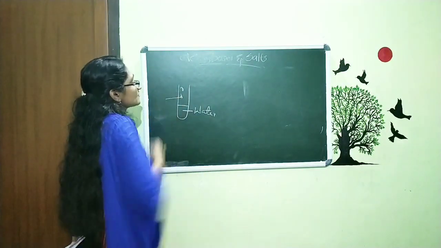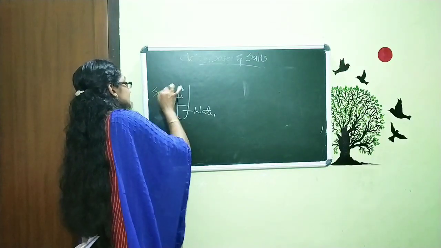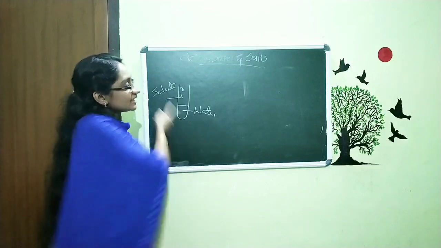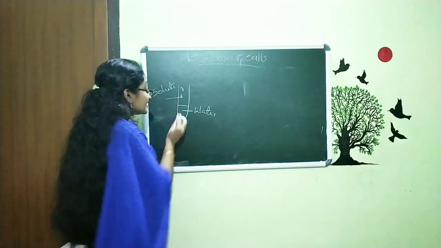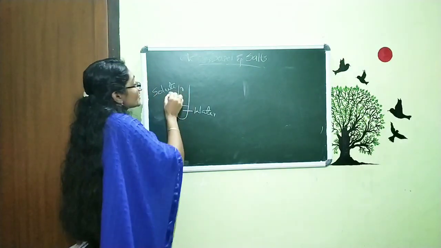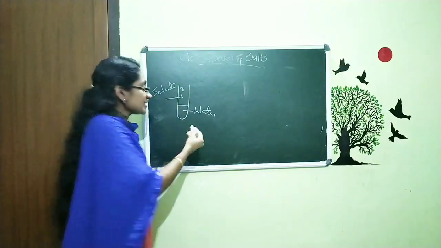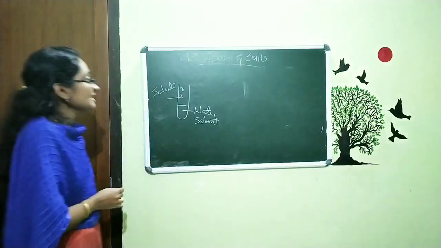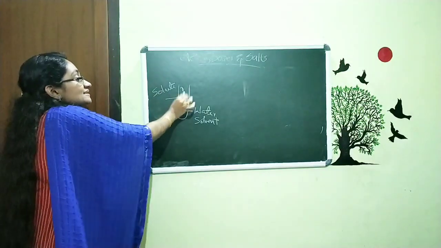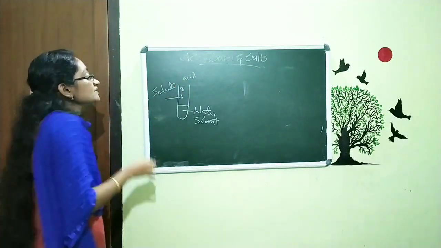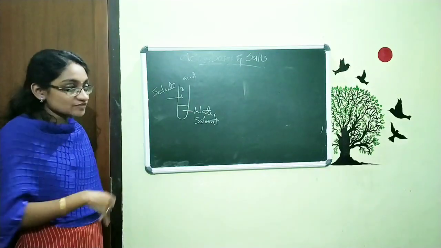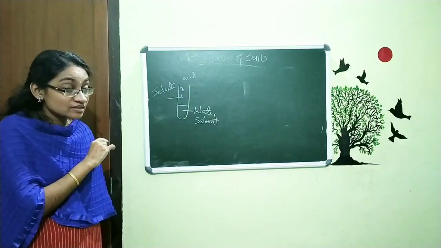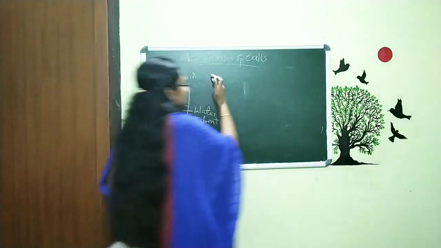This acid is the solute, present in lesser quantity within the solution. The water in which the solute dissolves is the solvent. When this acid mixes with water, dilution happens.